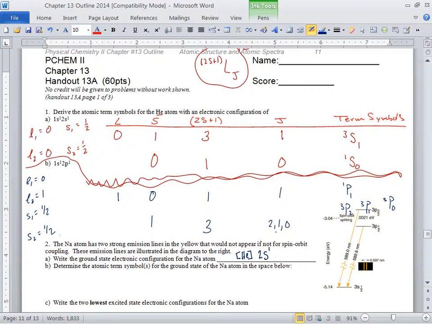Where's a periodic table? Google it. Here's a periodic table. Go ahead, you tell me if it's right or not. Yeah. Oh, it's neon. That's a 3s1.